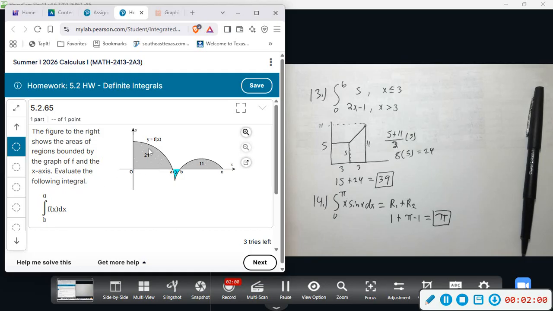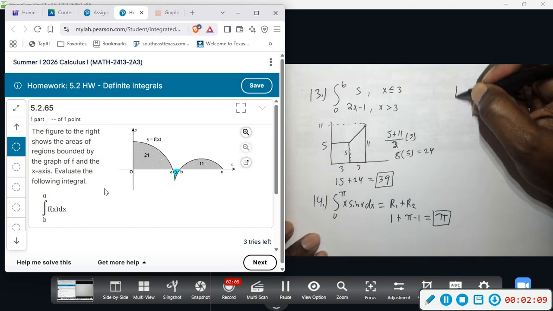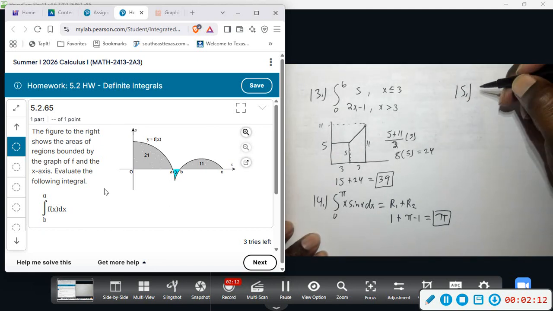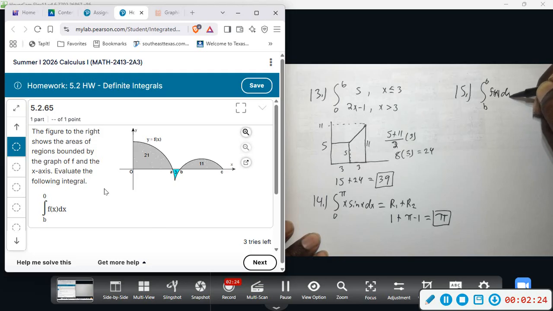So this is positive, this is negative. Usually you would flip it when the integrals are backwards, because it would work out that way. But we have the integral from b to 0 of f(x) dx, that's equal to the negative of the integral from 0 to b of f(x) dx.